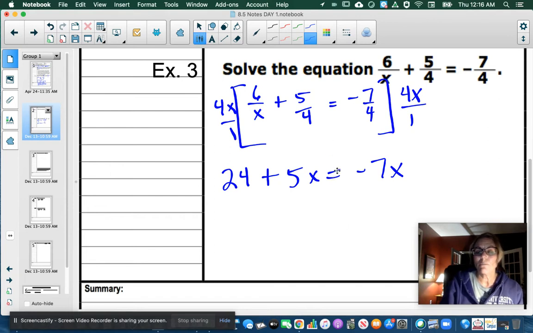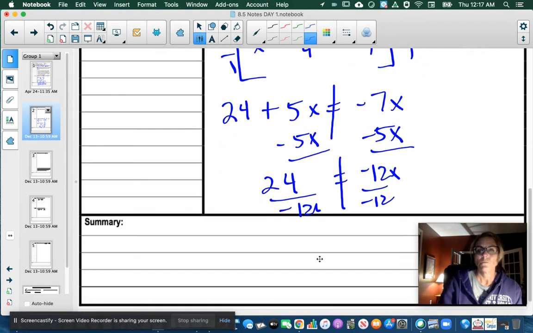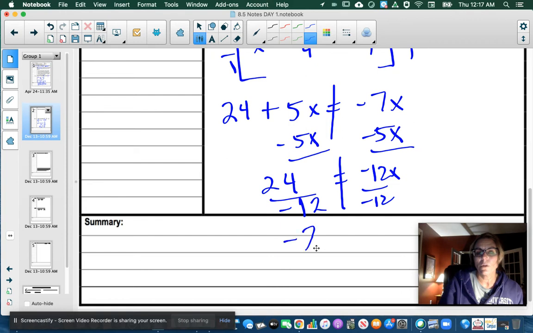So my objective is I'm solving for x, so let's get the x's all on one side. So we get 24 is equal to negative 12x. Divide both sides by negative 12. 24 divided by negative 12 is negative 2.